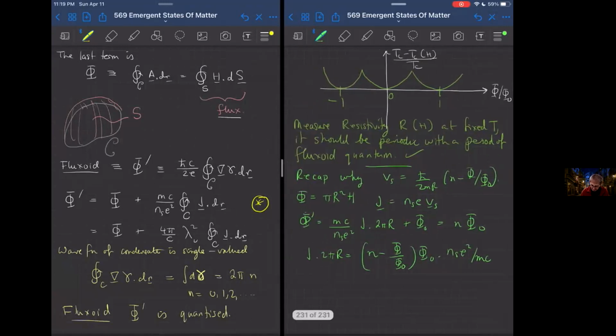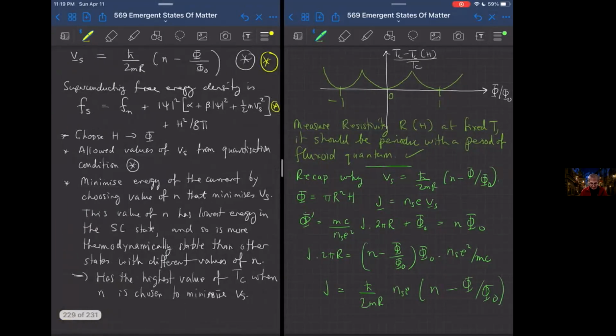And then I can simply rearrange this, and this gives me that Vs is equal to h bar over 2mr times n minus phi over phi naught. So that's how I got this formula for the velocity.